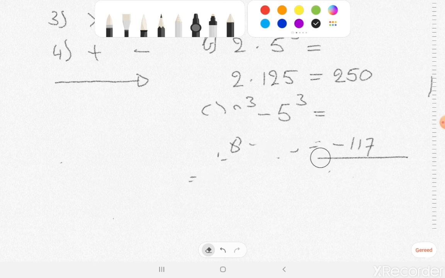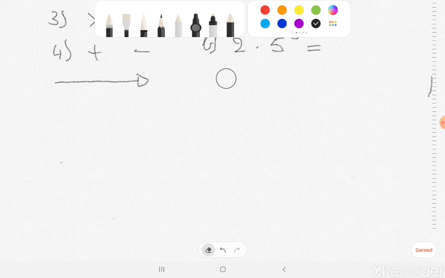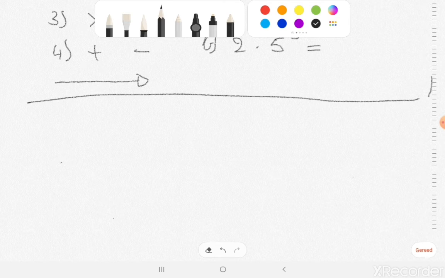So, there you go. H, 2 to the power of 3 inside the brackets plus 3, closing bracket, squared. All right. First we need to look inside the brackets.